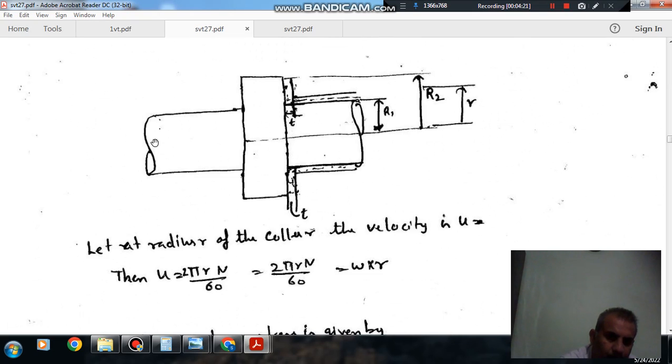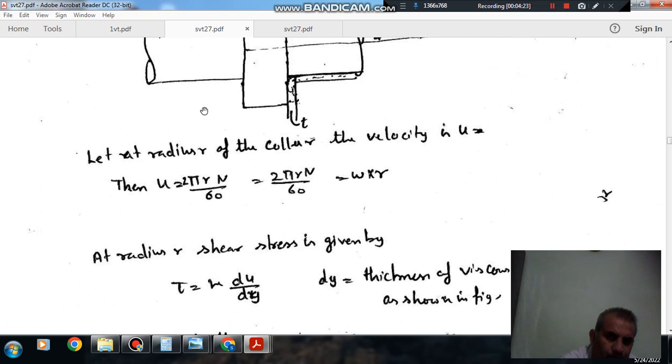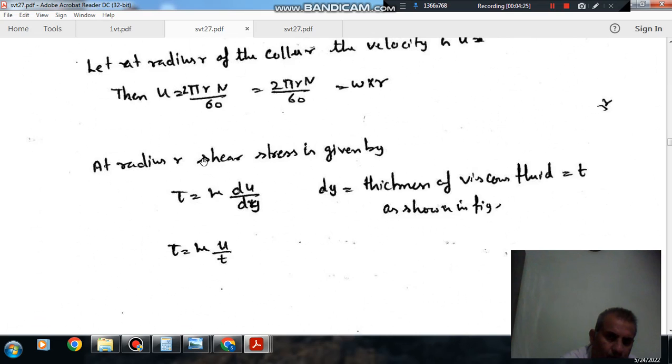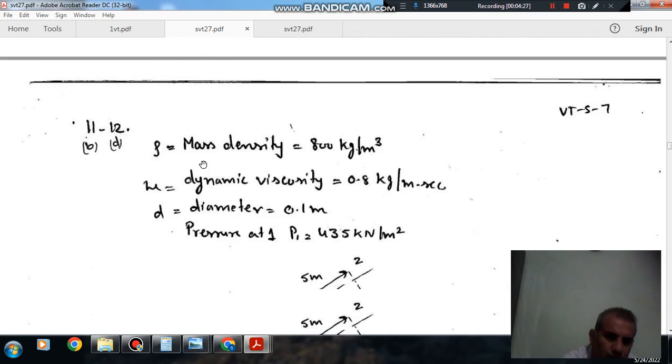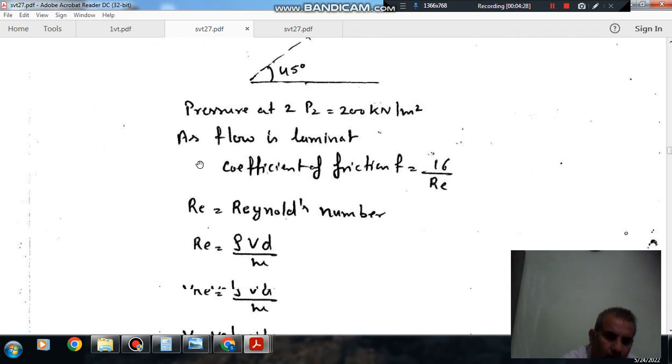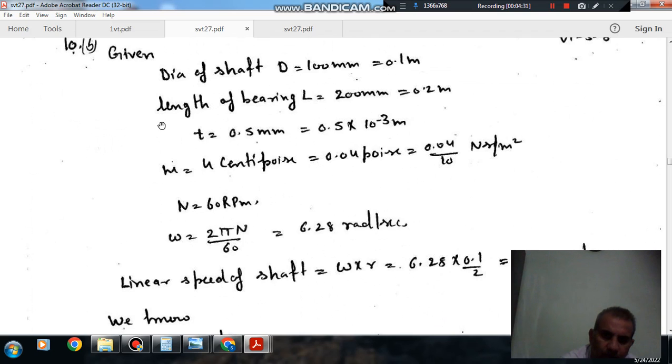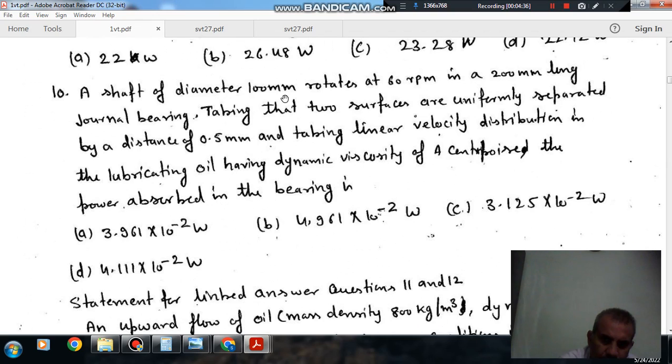So here the diameter of the shaft is 100 mm and the length of the bearing is 200 mm.